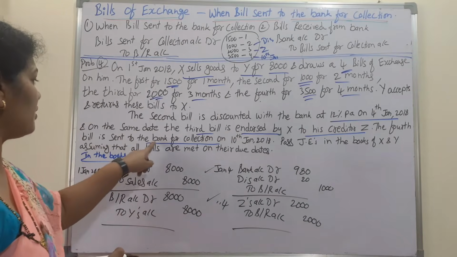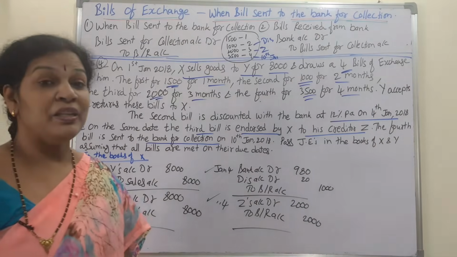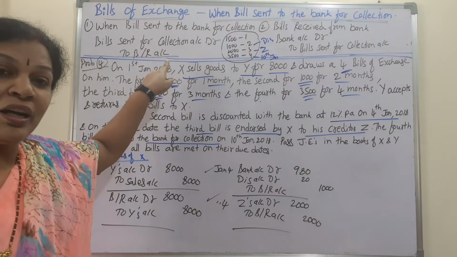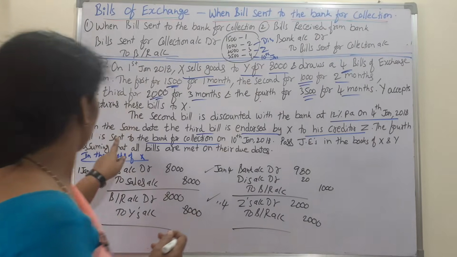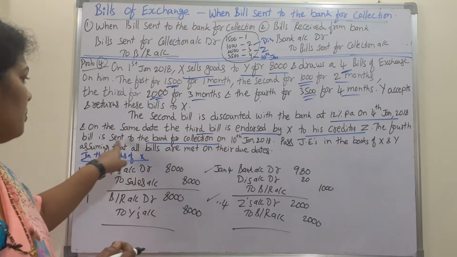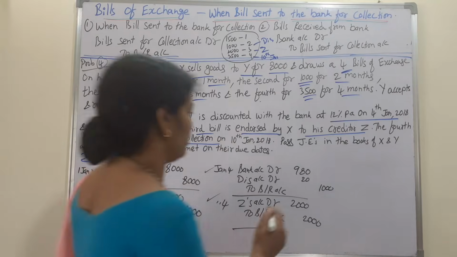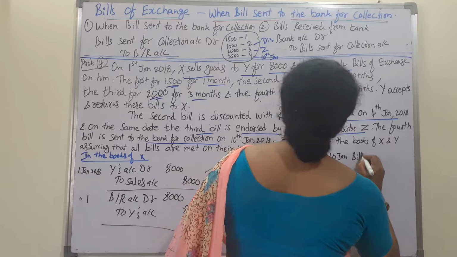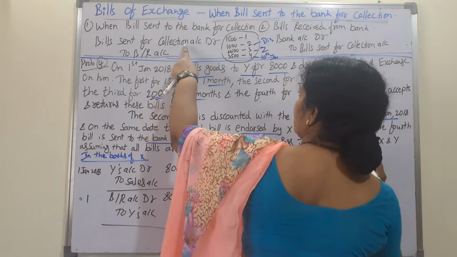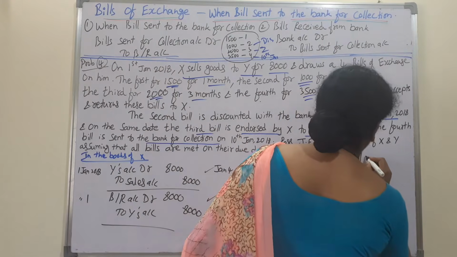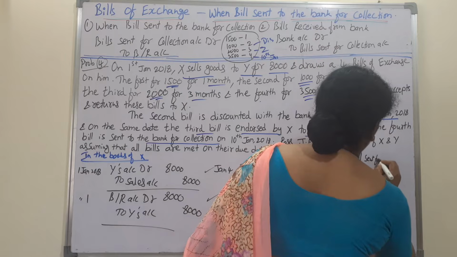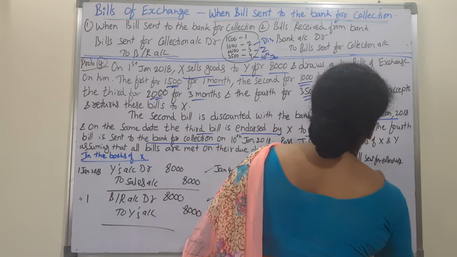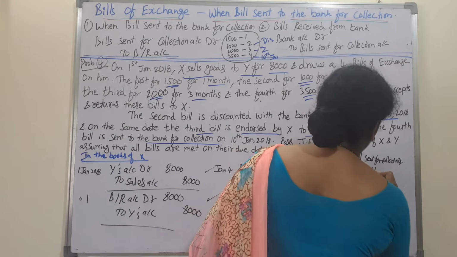Next, the fourth bill is sent to the bank for collection. When a bill is sent to the bank for collection, the entry is bill sent for collection account debit to bills receivable account. The fourth bill is sent for collection on 10th January. Bill sent for collection account debtor to bills receivable account.